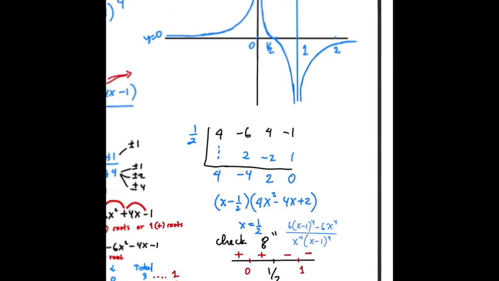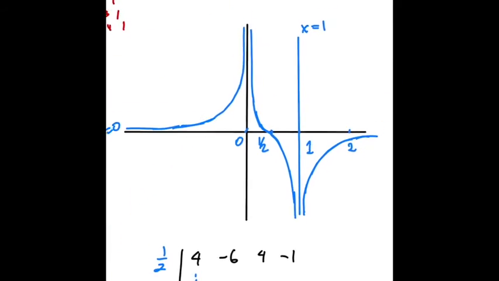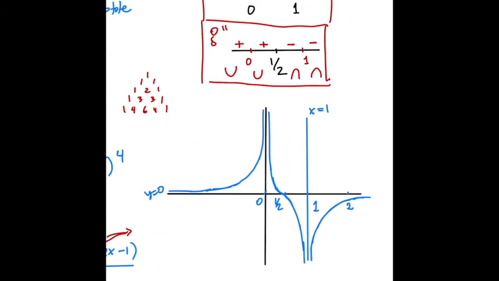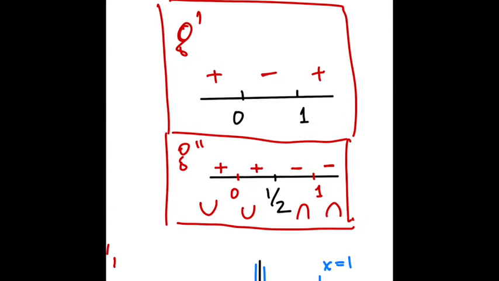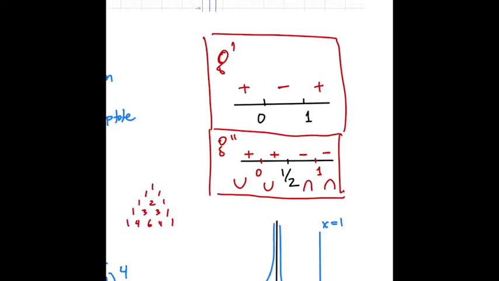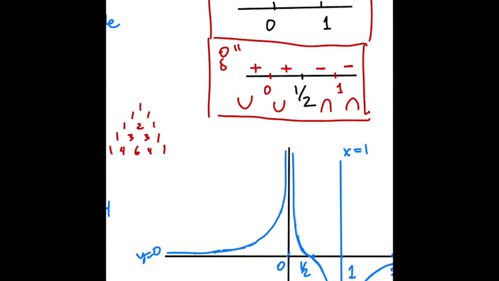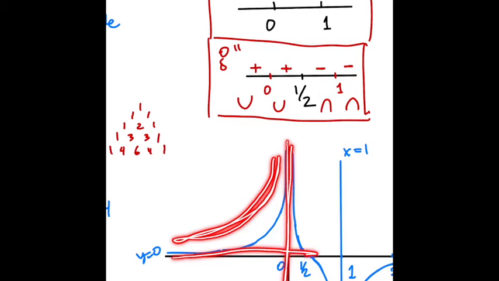And we shall draw the graph. Okay, so first, based on g prime, it's increasing, decreasing, and increasing, but it's increasing in concave upwards. So before 0 it should be concave upwards. But remember, you have an asymptote at 0 and also this y0.